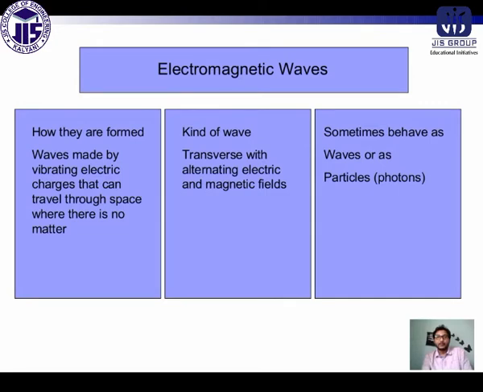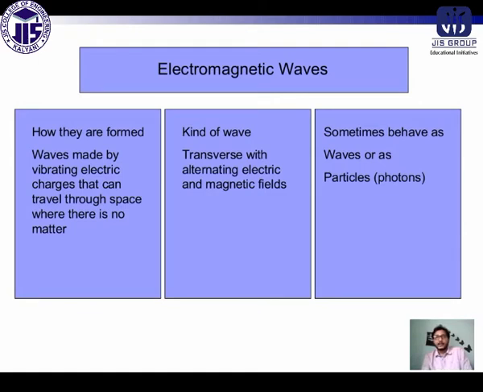This kind of wave is transverse, with alternating electric and magnetic fields. It means the electric field and magnetic field are perpendicular to each other and to the direction of propagation, or direction of movement.